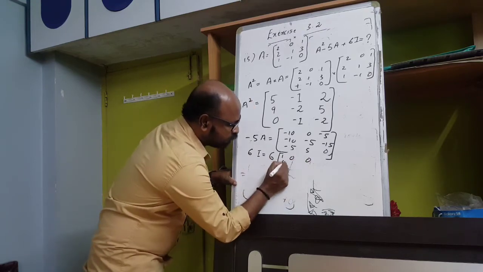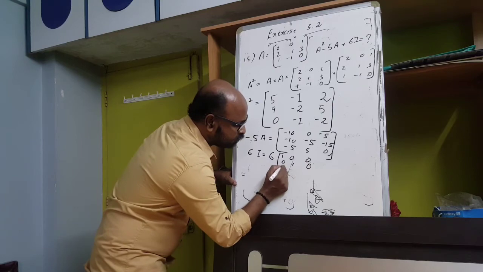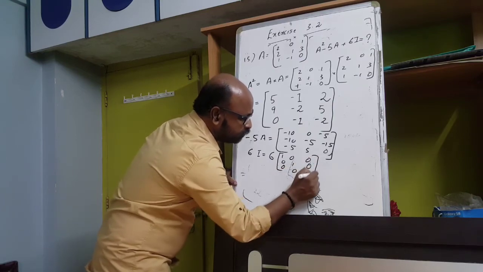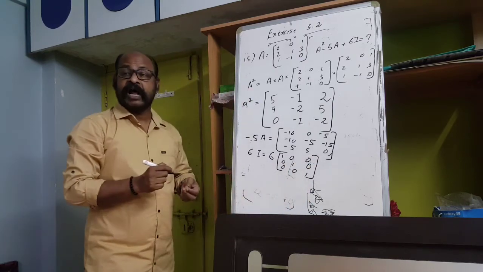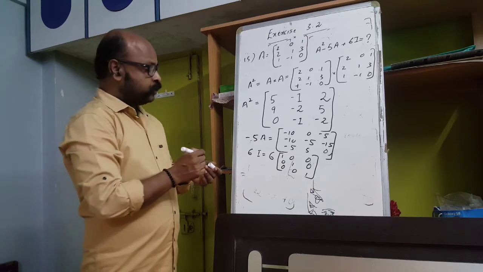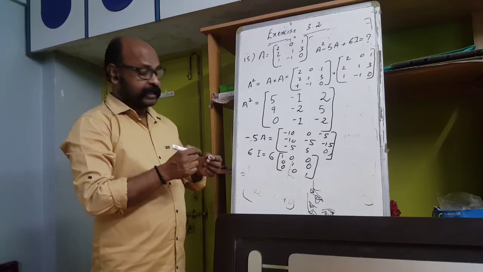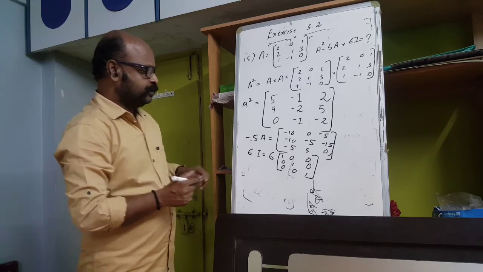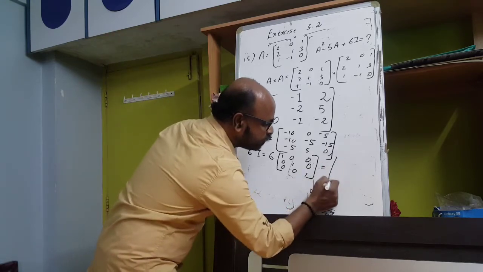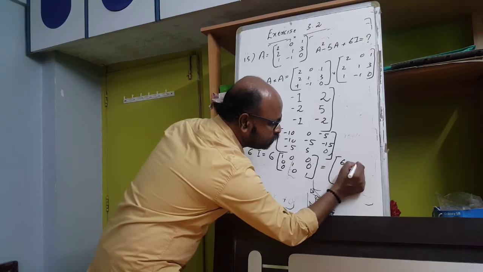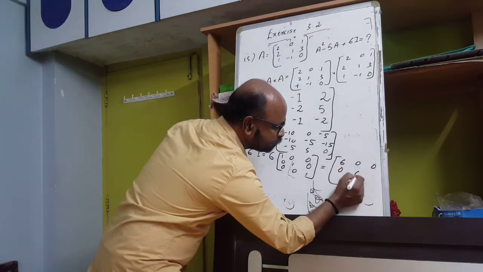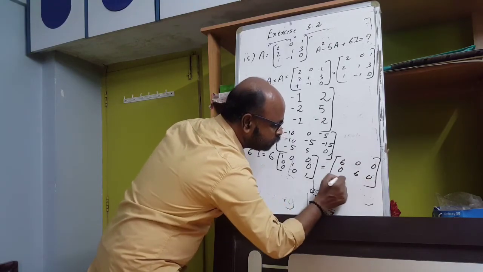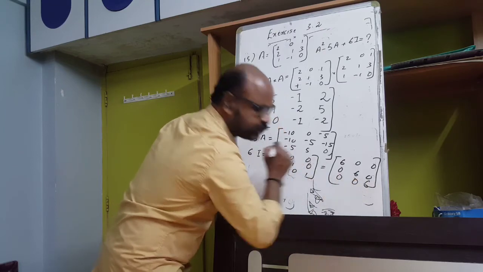Clear? So we have to consider I according to our requirement, the meaning is according to the order needed in the question. So this is multiplying all the elements by 6. So 6, 0, 0, 0, 6, 0, 0, 0, 6.